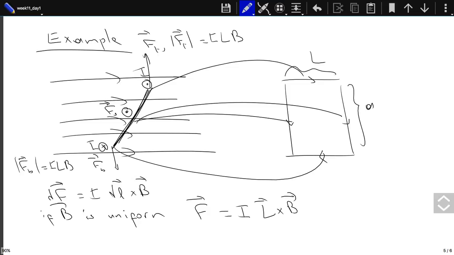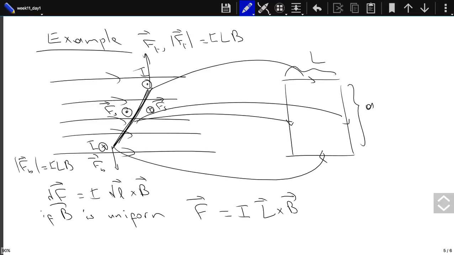What about the other side? You see the current on the top is coming towards you, so it's going down. On this side, it is going up. So this is the direction of L. B is again in that direction, so the force, L cross B, is pointing inside. This is the other force.